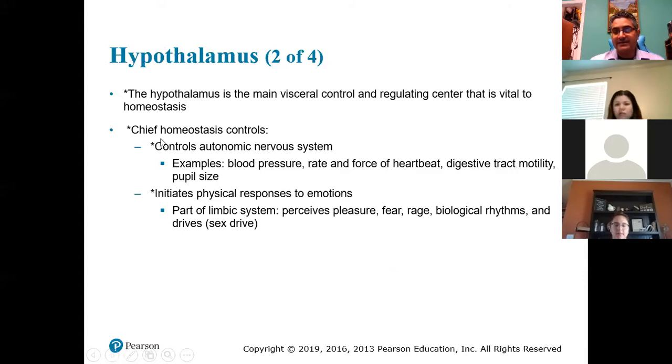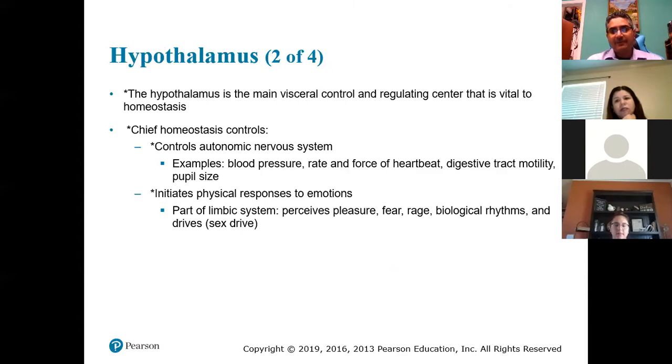It, again, is the chief homeostasis control. If you have problems in the hypothalamus, or if anyone has problems with the hypothalamus, it is going to cause some serious adverse effects. Serious. And notice I was plural. Most likely it will not be one adverse effect, but more than one.